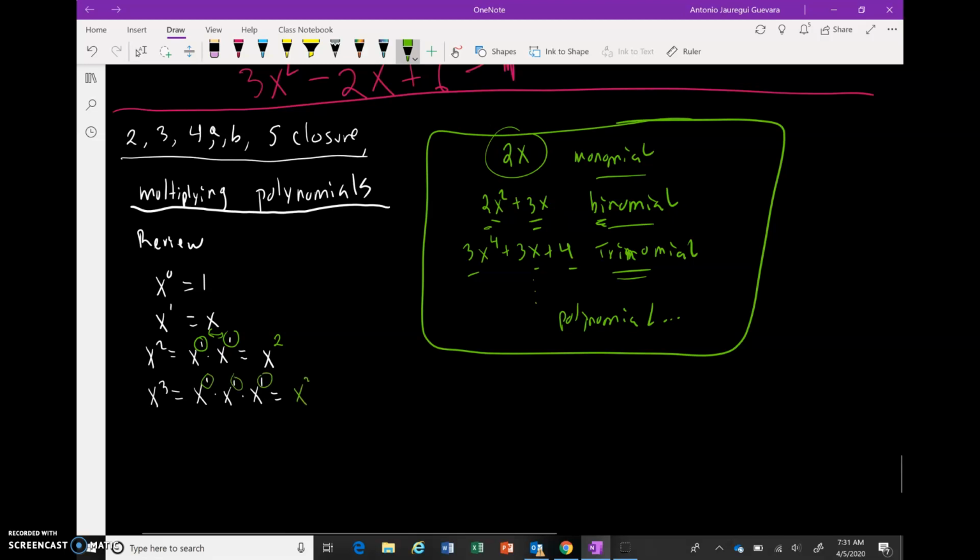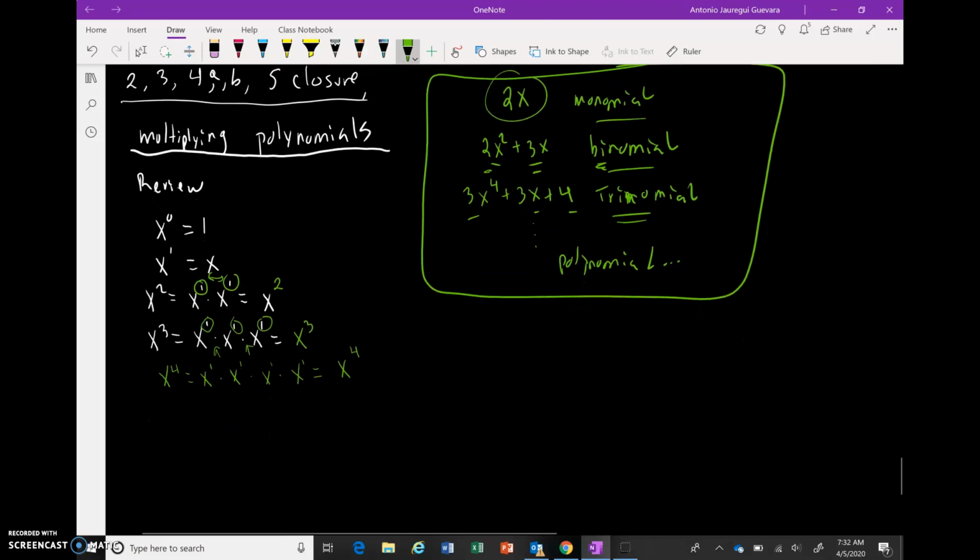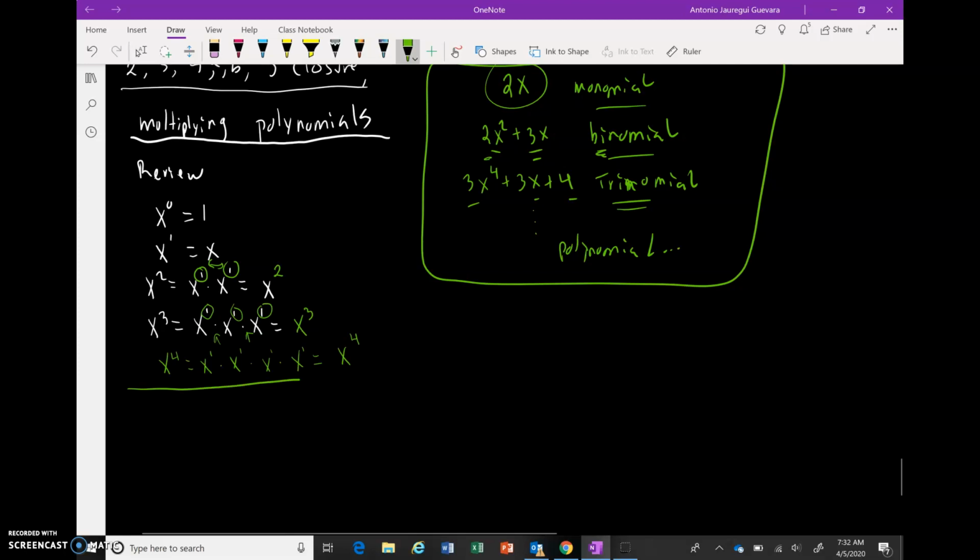So when you multiply variables, you're actually adding their exponents. Likewise, x to the power of 4 means you have 1x, 2x's, 3x's, 4x's, and again, you add the exponents.